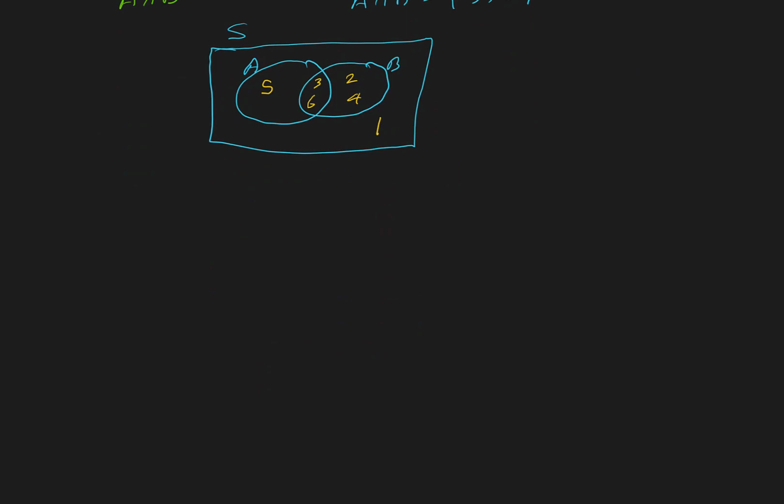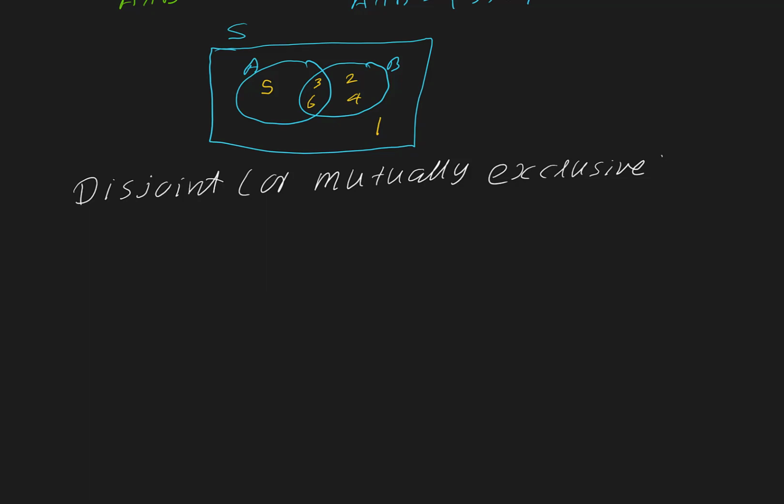Then disjoint sets, or we call them mutually exclusive. What is the meaning of disjoint or mutually exclusive?